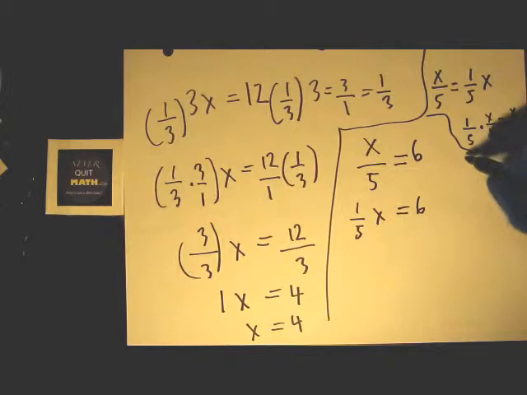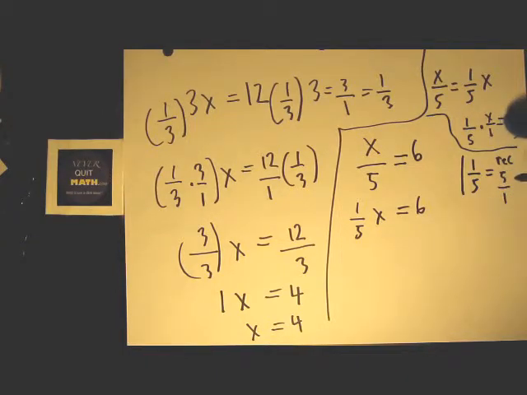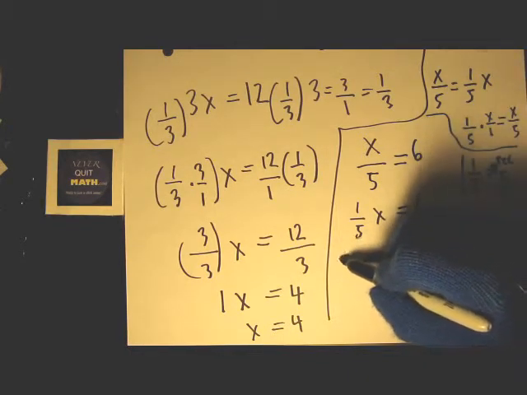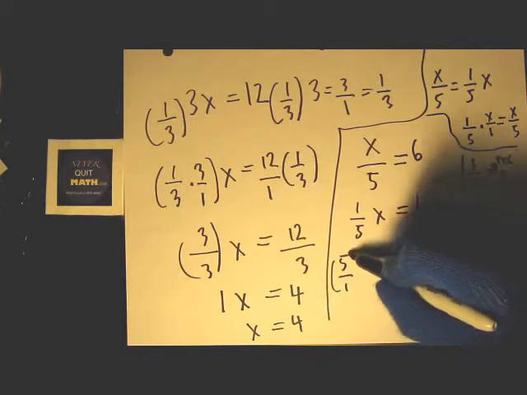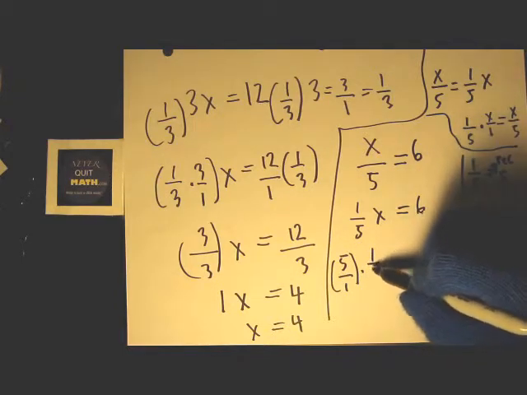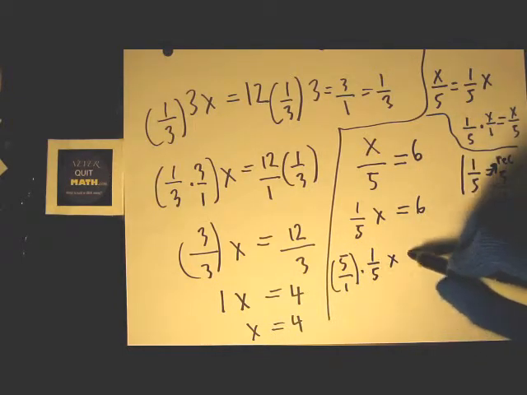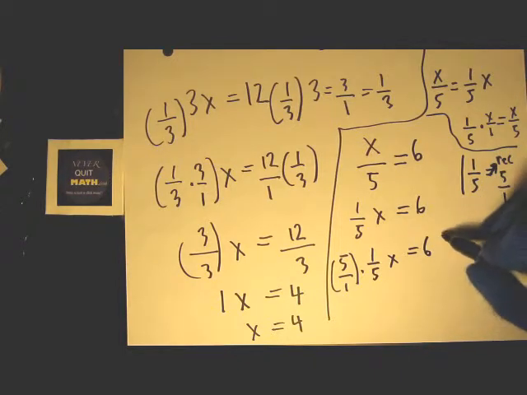So I go to the side over here and I say 1 over 5. What's the reciprocal of that? That's 5 over 1. So if my reciprocal is 5 over 1, that's what I'm multiplying both sides by. So now I say 5 over 1 in my parentheses times 1 over 5, x is equal to 6 times, again, 5 over 1.